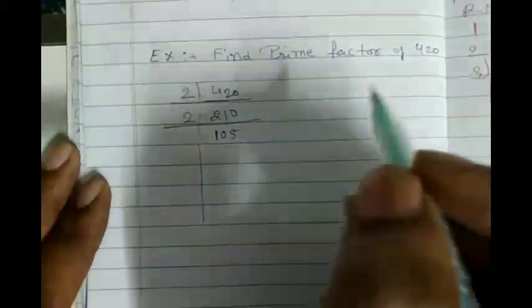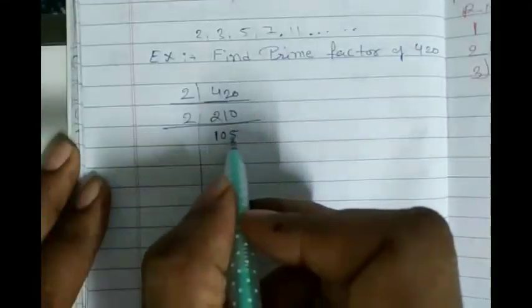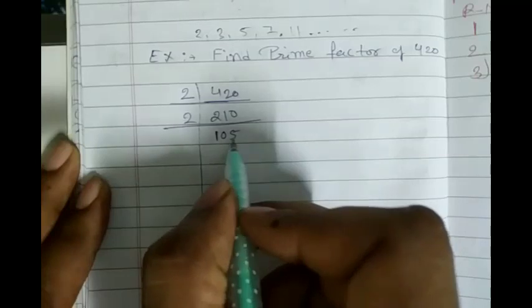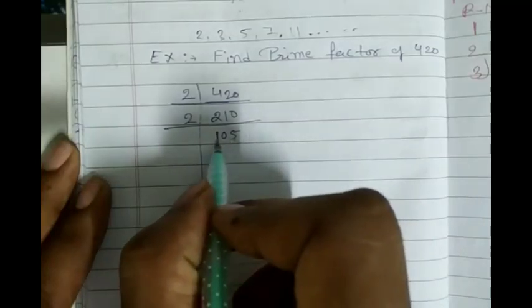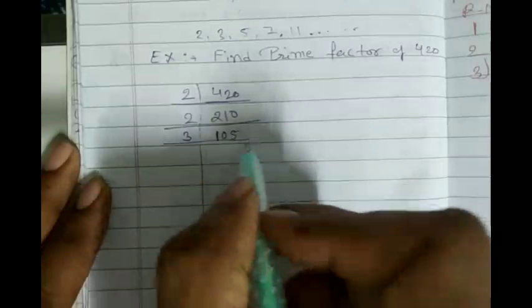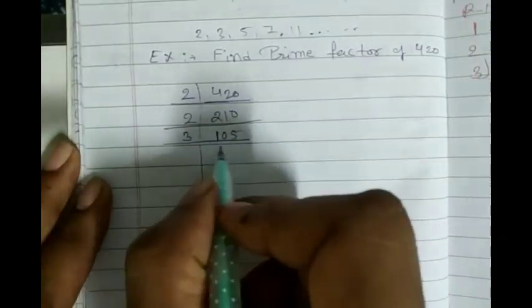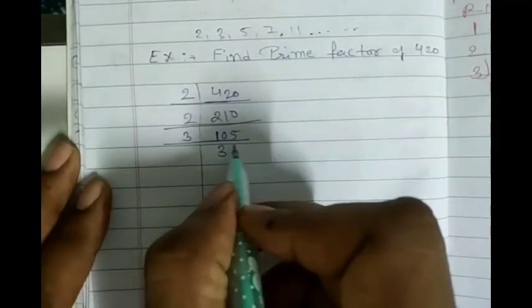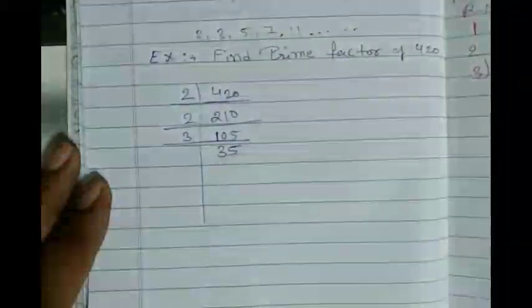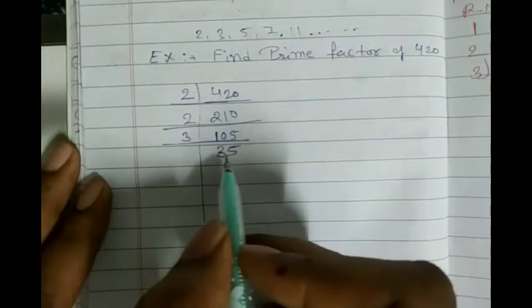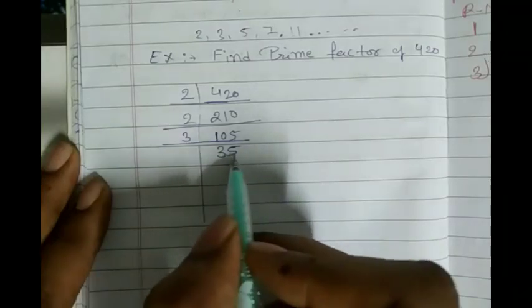So we try the next prime number. Our next prime number is 3, because the prime numbers are 2, 3, 5, 7, 11 and more. Checking divisibility by 3: 1 plus 0 plus 5 is 6, and 6 is divisible by 3, so we divide by 3 and get 35. Now check with 3: 3 plus 5 is 8, which is not divisible by 3.